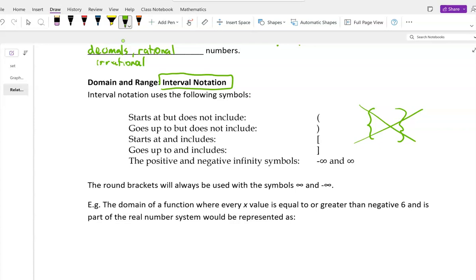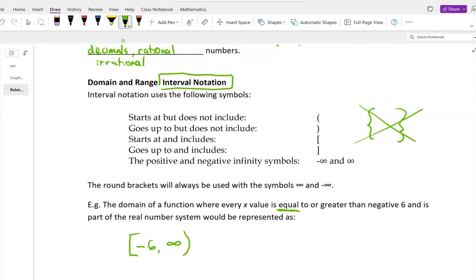So I'm going to say x is greater than or equal to -6. Here's the way this looks. I'm going to go from -6 all the way up to infinity. Now because it's equal to, I'm going to put a square bracket around -6.